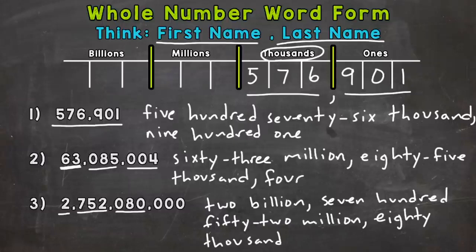And we end with all zeros in the ones period. So we're done with the word form as we have it written out now. So 2,752,080,000. So there you have it. There's how you write whole numbers in word form. Think first name, last name.